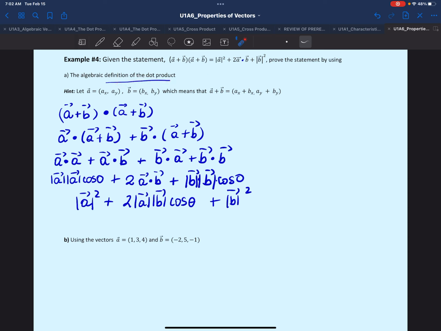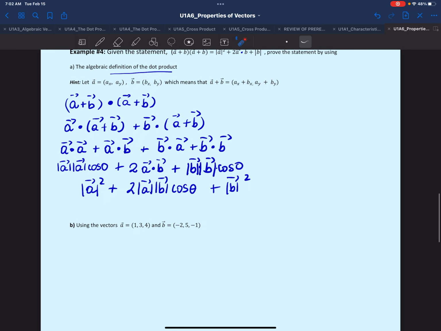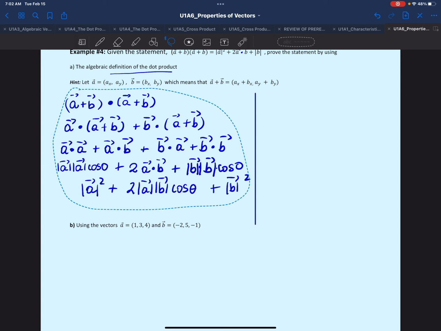Now, another way would be by simply letting A be represented by AX, AY, and B by BX, BY, which means that A plus B would be AX plus BX, AY plus BY. So let's get to work. I'm going to make this a little smaller actually so that we have a bit more room.